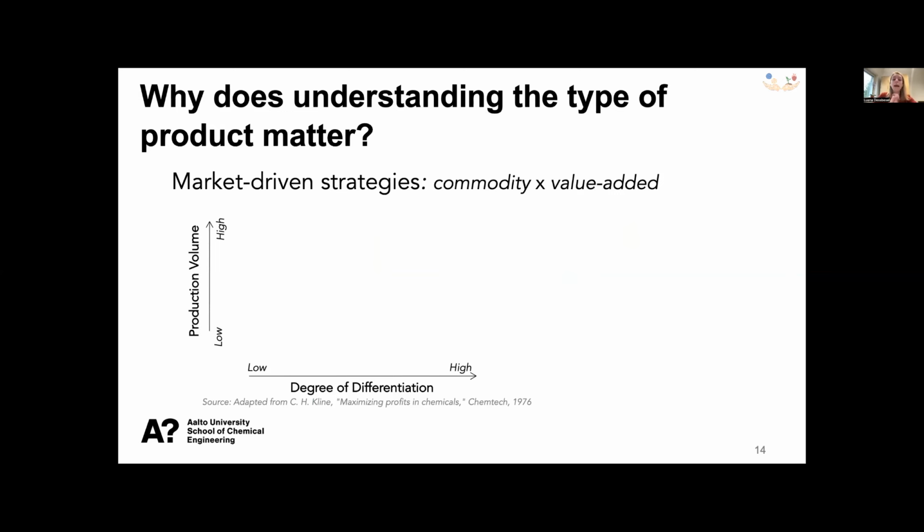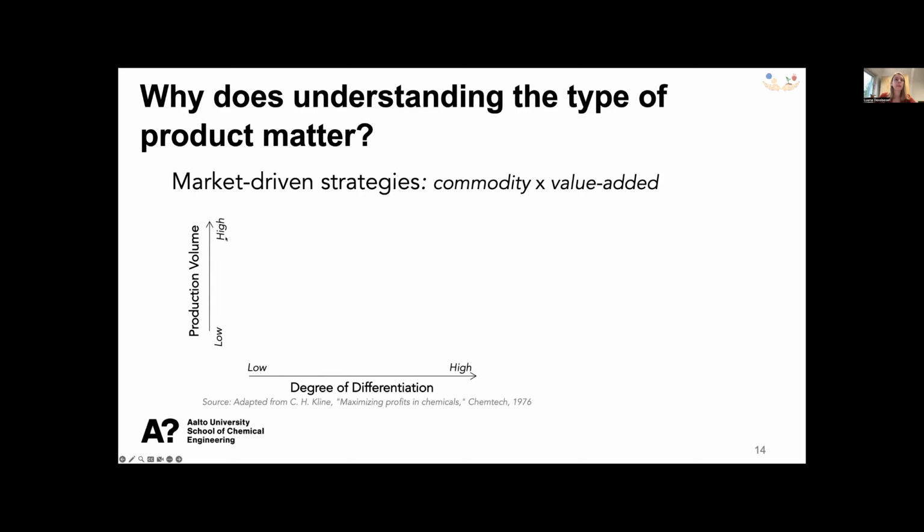Then, why is it important to understand the type of product? We were talking about biofuels in the previous slides, for instance, because we have at least two simplified types of products: the ones that are commodity, and the ones that are value added. Just keep it simple.